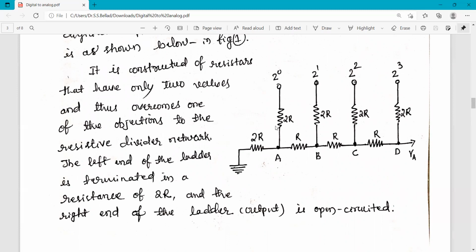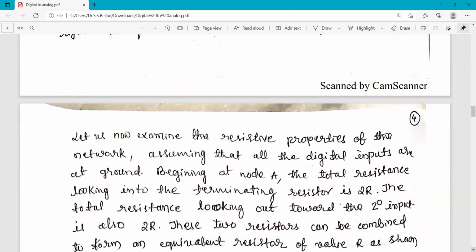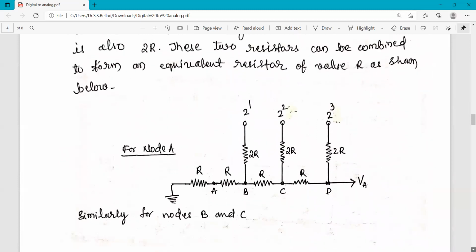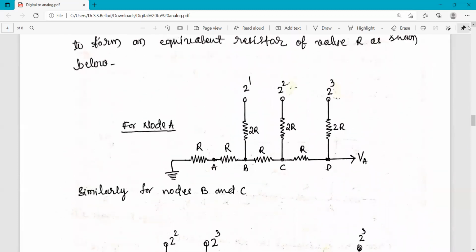Since the resistors are equal, 2R and 2R, the effective resistance of this parallel combination is 2R by 2, so the 2 cancels and it is only R. In this way, the effective resistance between node A and the ground is simply R. So node A is simplified in this way.